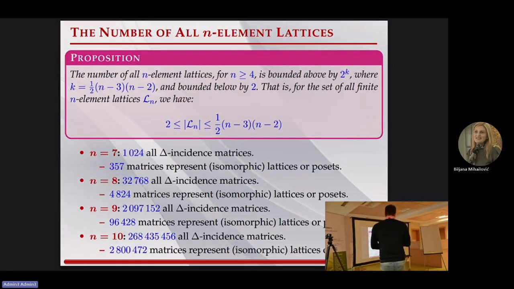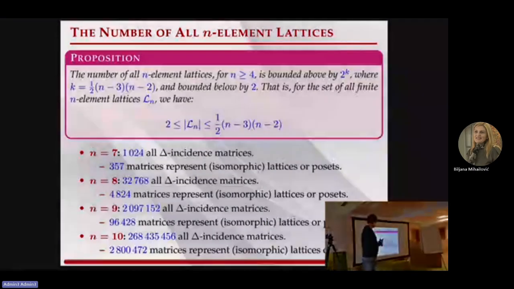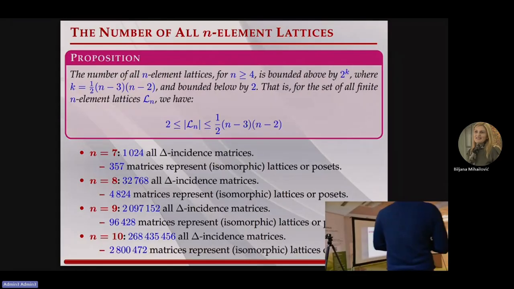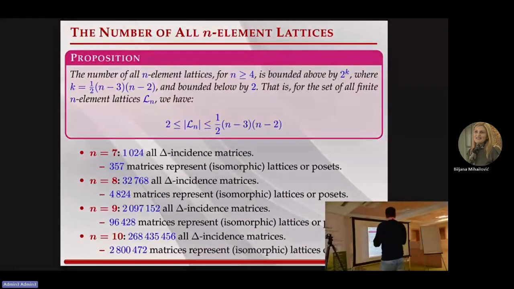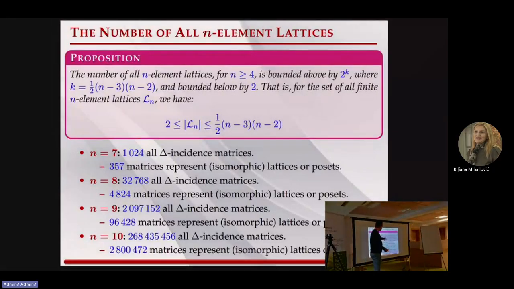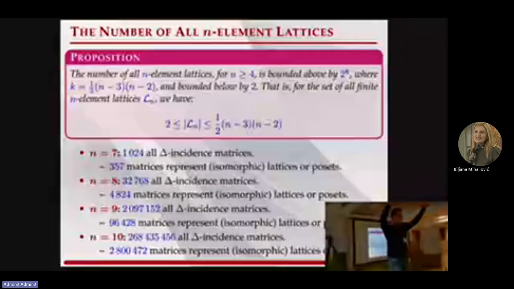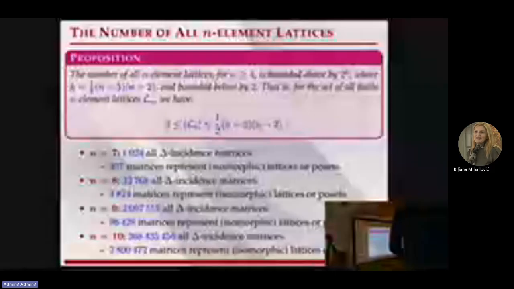In conclusion of my presentation, we can briefly see the number of all n-element lattices, which is, I have mistaken this, which is 2 to the power of this number. So 2 to the power of this number is an upper estimate for all n-element lattices.